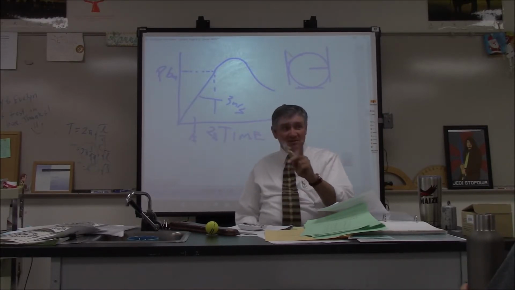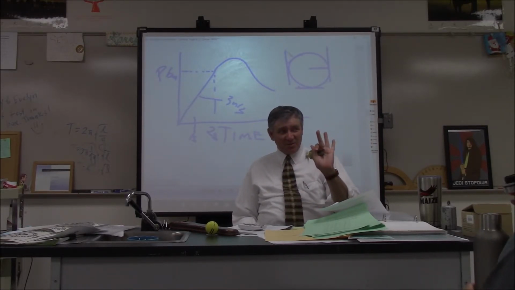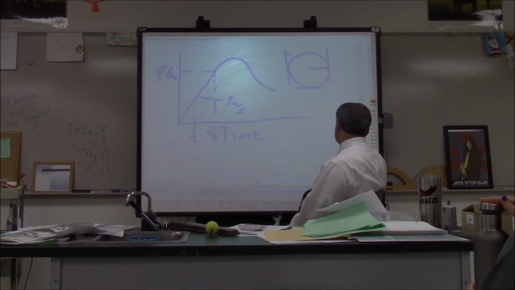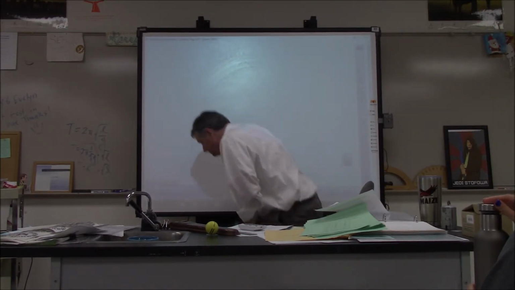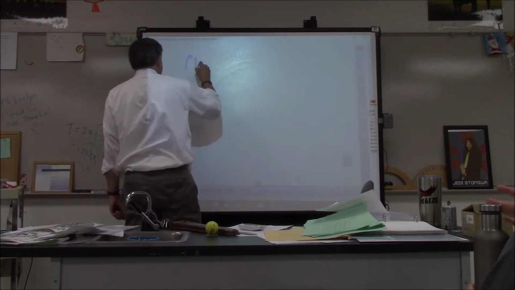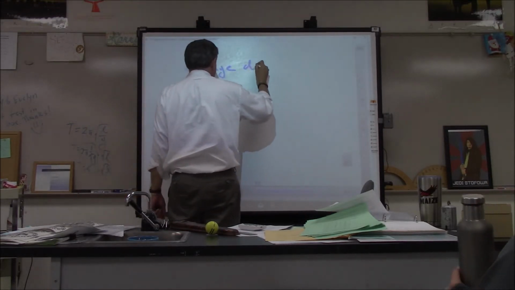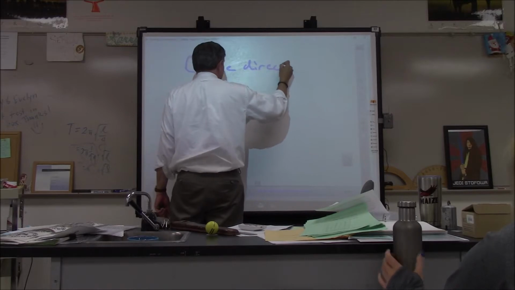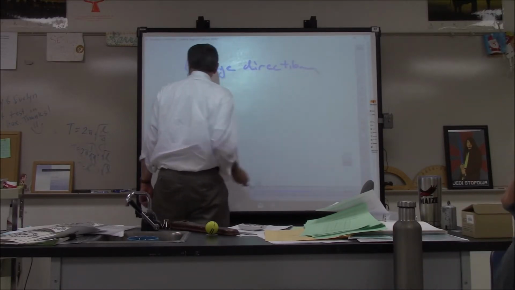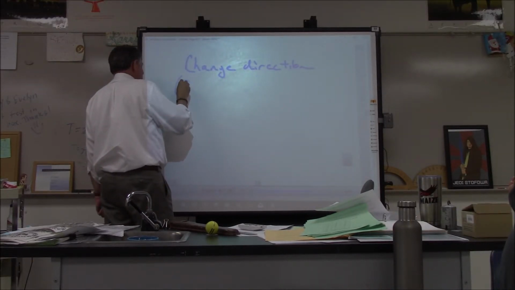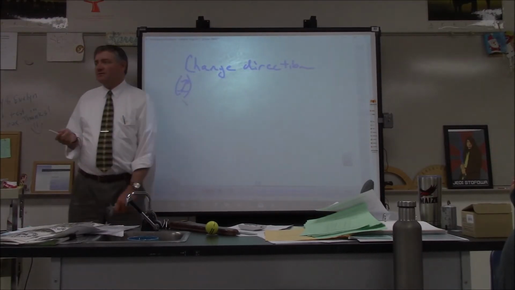So if you're going to change direction, there are three things that have to happen. This is like the last of the golden rules. The first one: what did you have to do? Slow down.